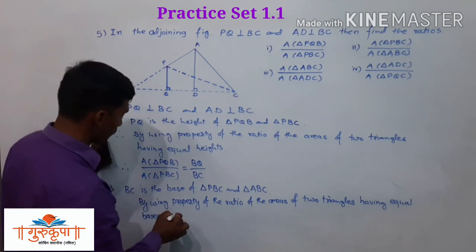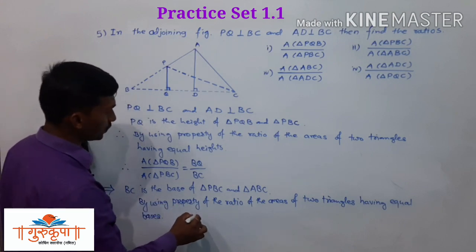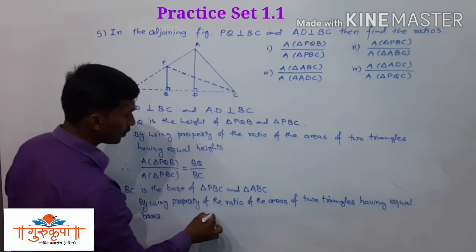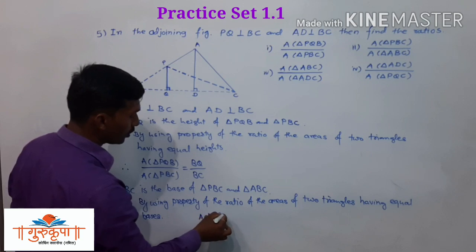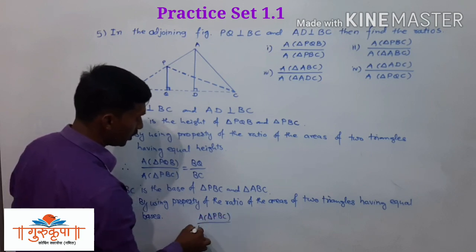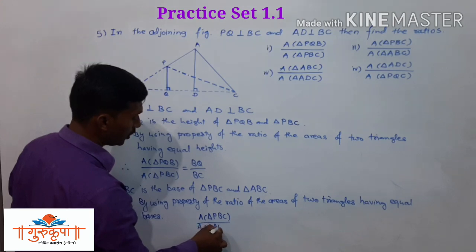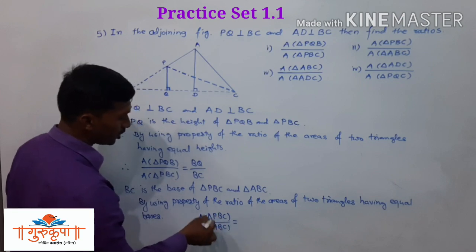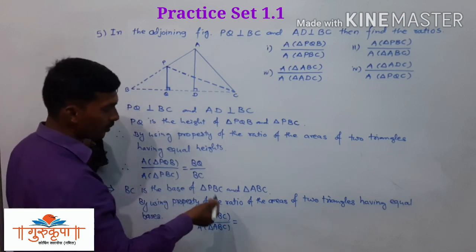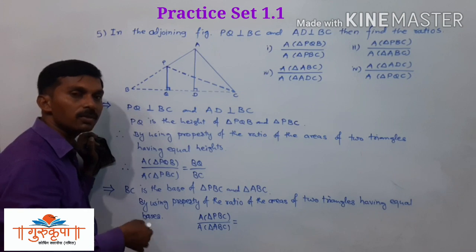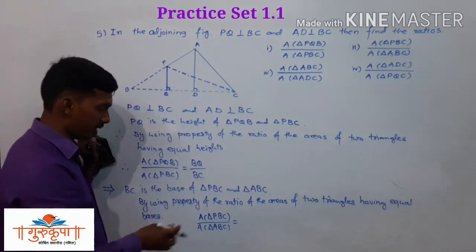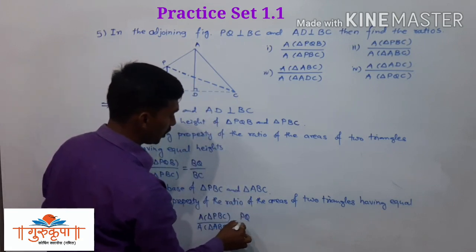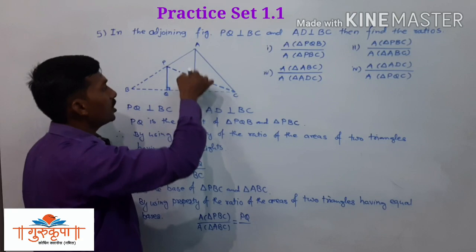So we can write area of triangle PBC upon area of triangle ABC is equal to the ratio of their corresponding heights: height of triangle PBC is PQ upon height of triangle ABC is AD.